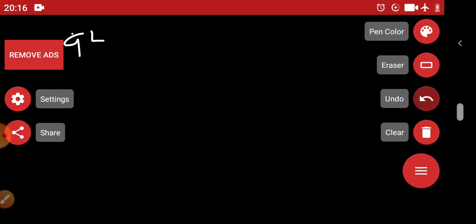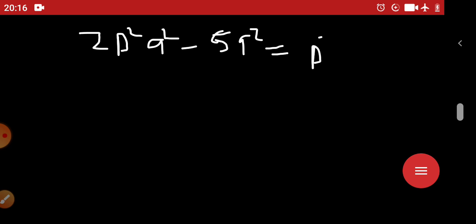So 2d squared a squared minus 5a squared, and remember we took this to this side, equal to d squared b.